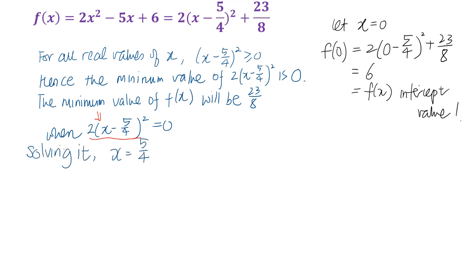And solving it, you get x equals 5 over 4. So in other words, when I substitute x equals 5 over 4 here, I will have 5 over 4 minus 5 over 4, and you square it. So 5 over 4 minus 5 over 4 will give you 0. You square 0, you get 0.